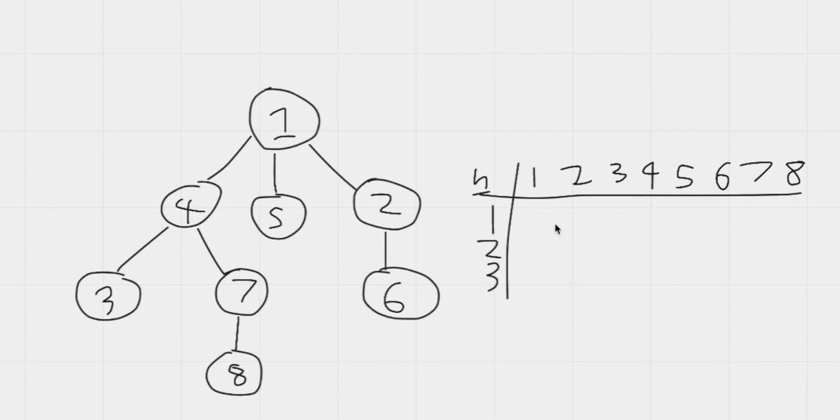What we do is process each of the nodes in the graph. What is the first ancestor of node 1? It is 0. There is no ancestor, so we put 0. Then the first ancestor of 2 is 1. The ancestor of 3 is 4. The ancestor of 4 is 1 again. Then 5 is 1. Node 6 is node 2. Node 7's ancestor is node 4. And node 8's ancestor is 7.